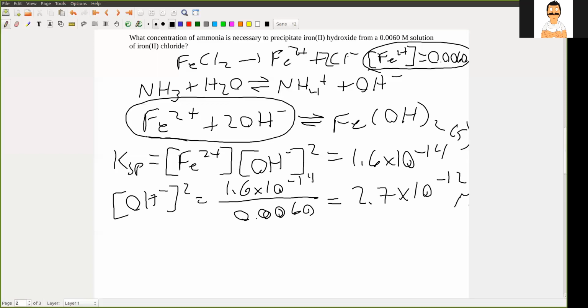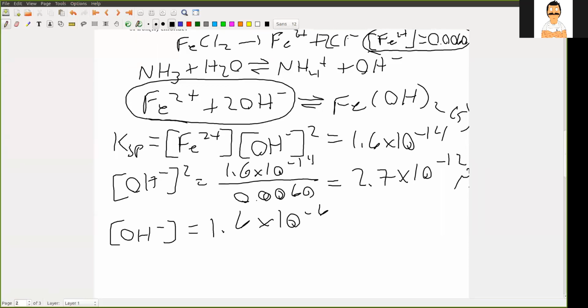molar squared. Next we'll take the square root of both sides, and we find that the concentration of hydroxide is 1.6 times 10 to the minus 6. Okay, so now that we have the concentration of hydroxide, we'll have to set up an ICE table using this equation here.